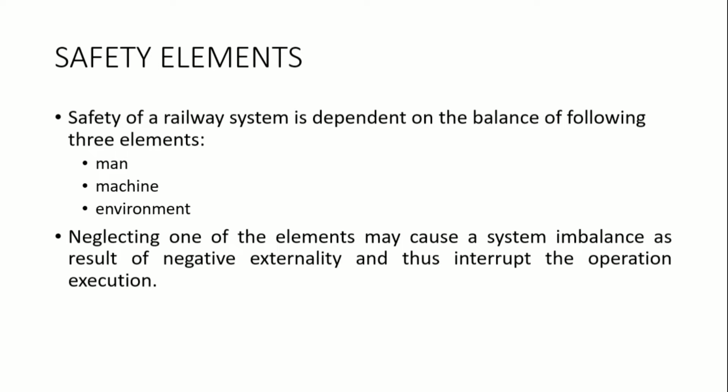So neglecting one of the elements may cause a system imbalance, menyebabkan sistem ni tak akan balance, which results in a negative externality and thus interrupts the operation execution. So kita kena make sure these three elements berada dalam keadaan balance dengan antara satu sama lain.